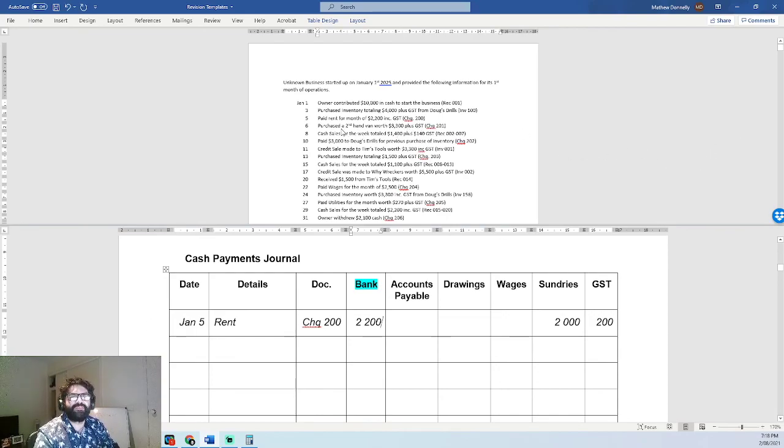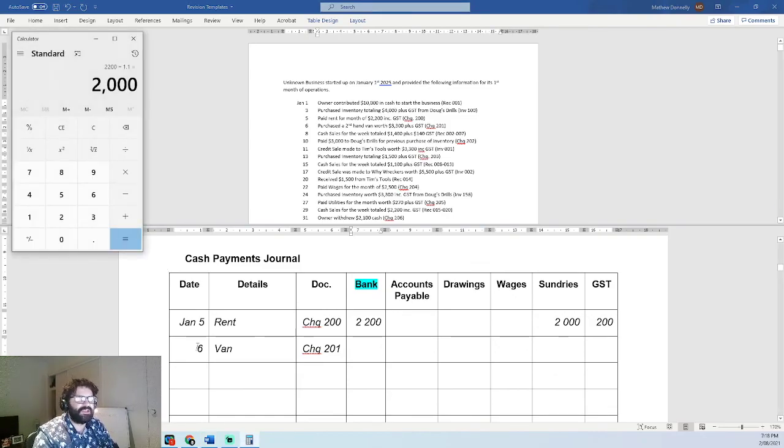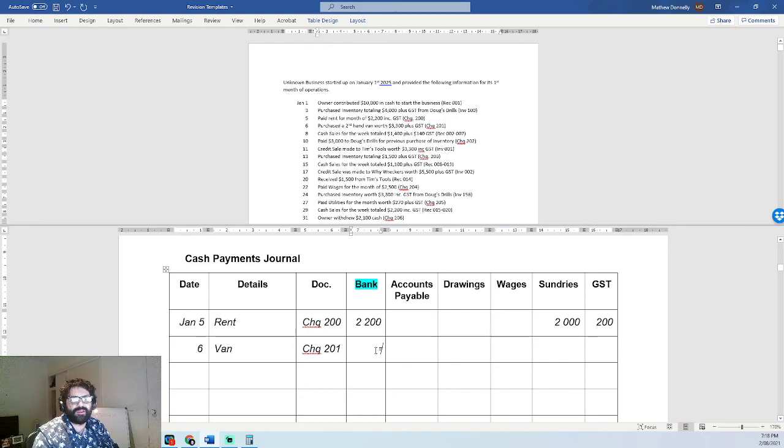We got the 6th. We purchased a second-hand van worth 3,300 plus GST, check 201. So we go here, we go van. Doesn't matter if it's second-hand, we still got to put the amount in, check 201, and we see it's 3,300 plus GST, so we multiply by 1.1, and it will become 3,630.